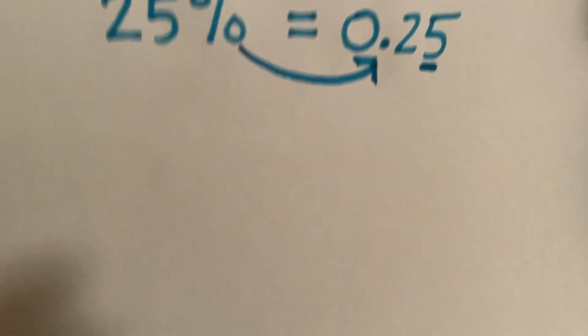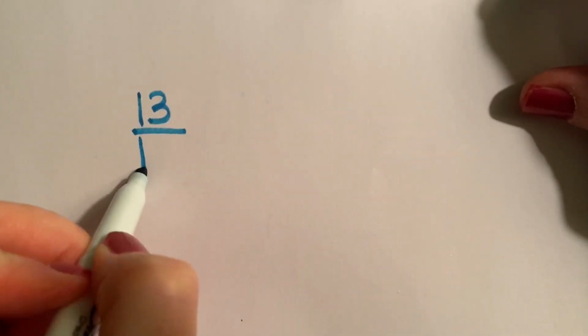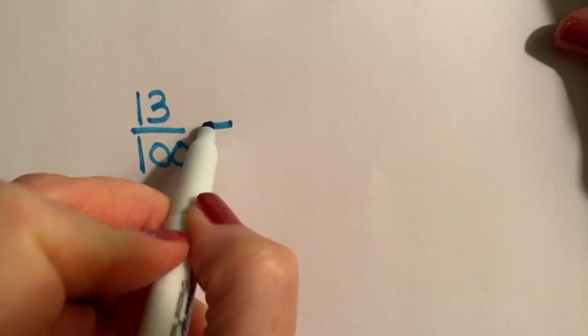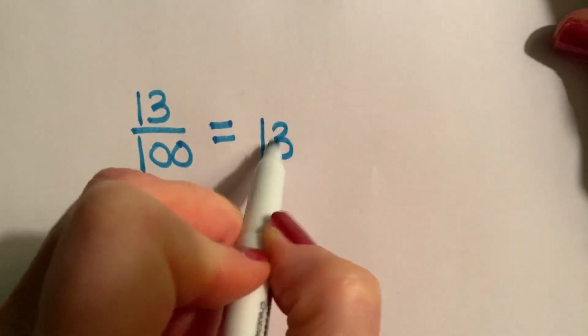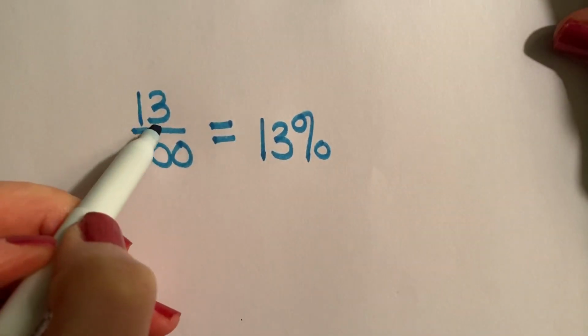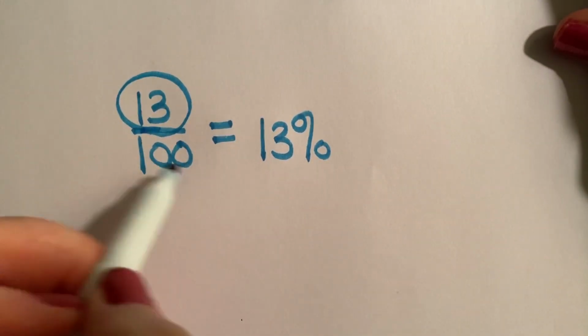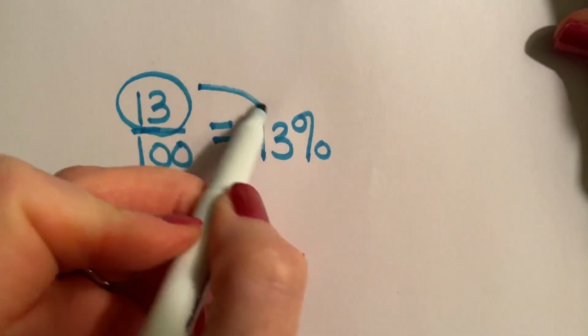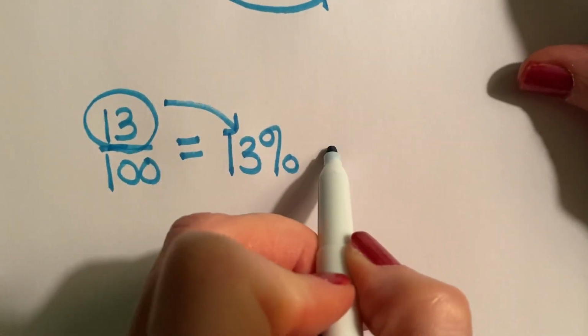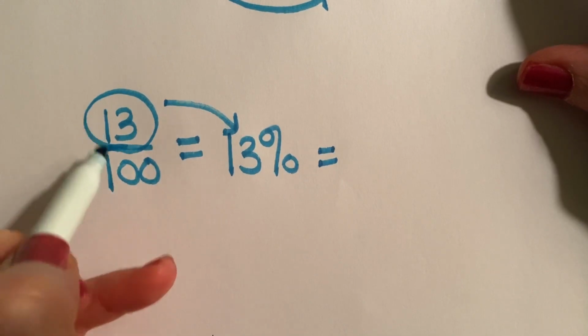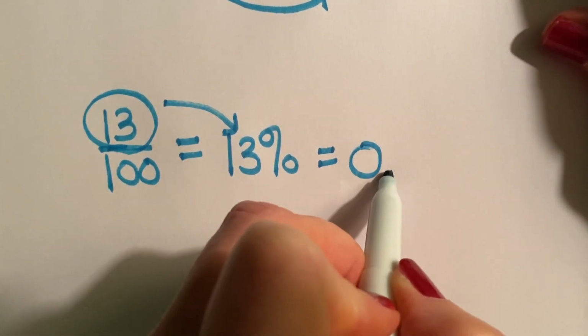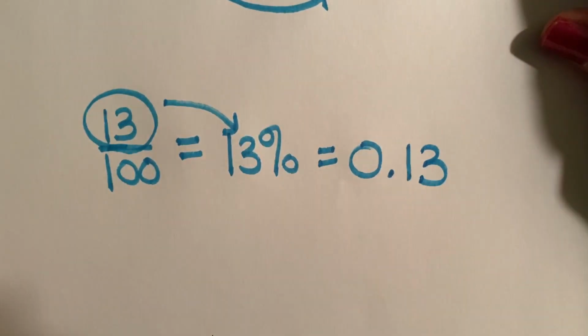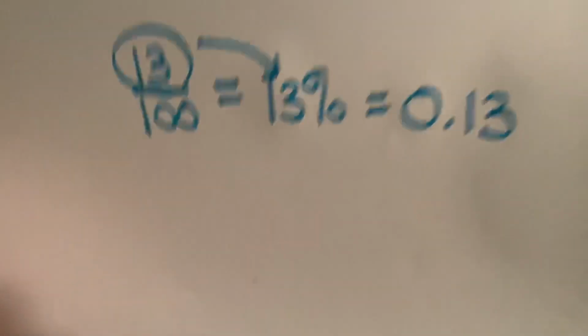If I would have 13 over 100, that means 13%. Any number over 100 is automatically, boom, a percent. And then you can also write it as a decimal because 13 hundredths looks like that. It's that simple.